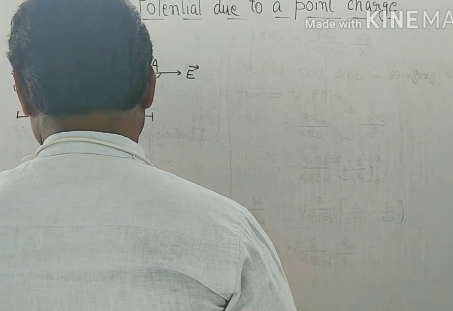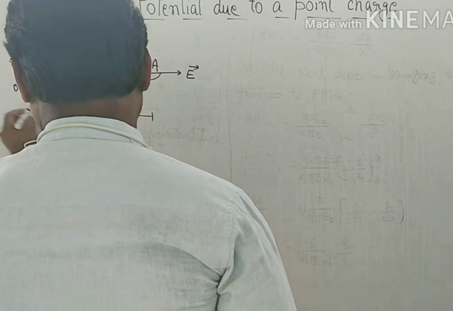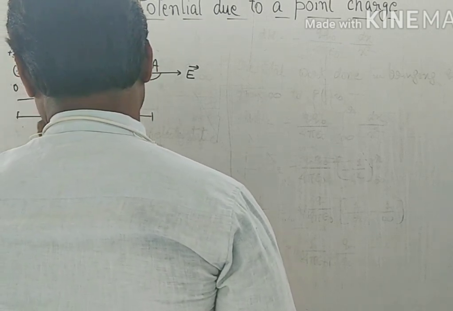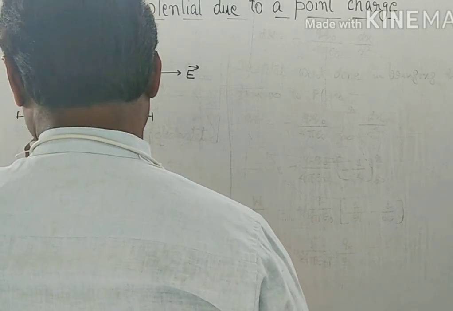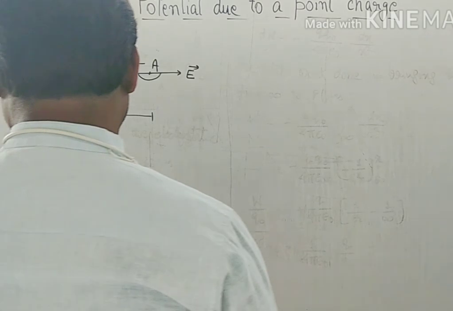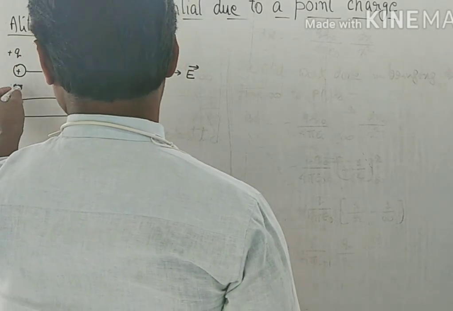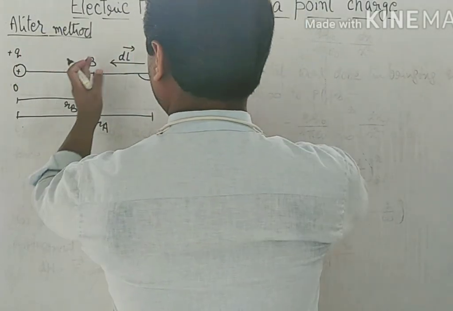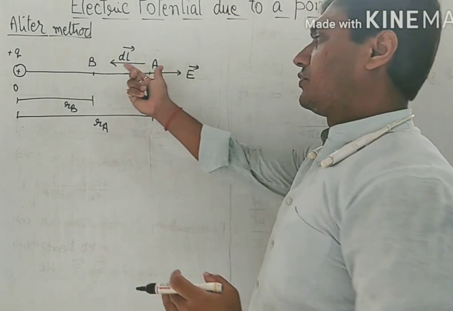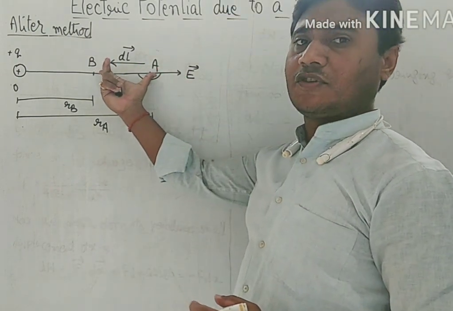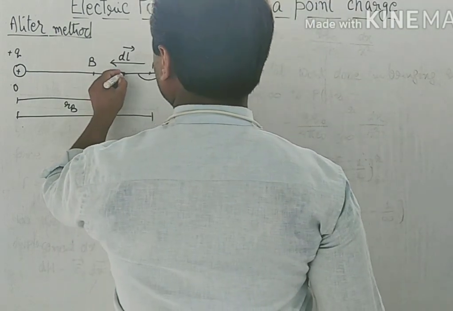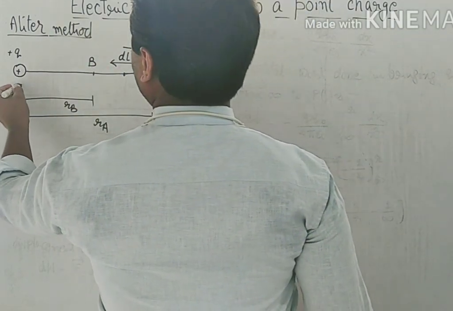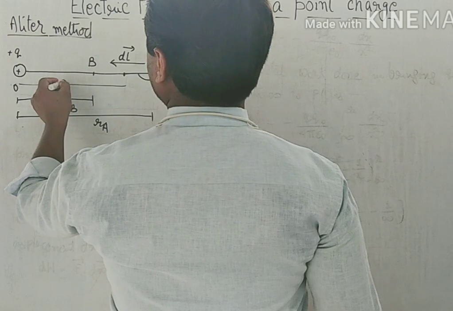Let this be RA and this be say RB, and finally we want to have our test charge. We will be writing the potential difference between these 2 points, that is VA minus VB, using that first definition. And suppose this is the point which is R distance apart.